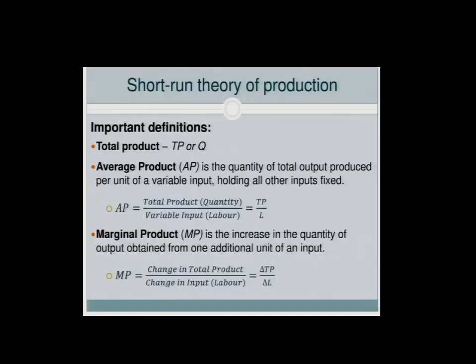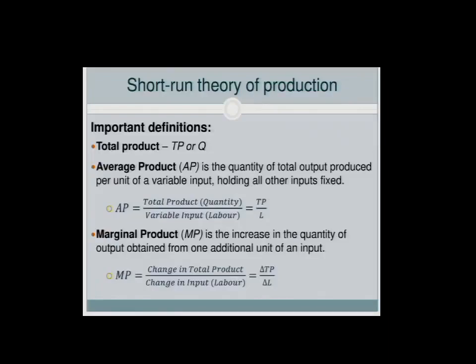Average product is output produced per unit of variable input. It's the output on average of the variable input. A variable input is usually labor, so you can think of it as output per person employed.